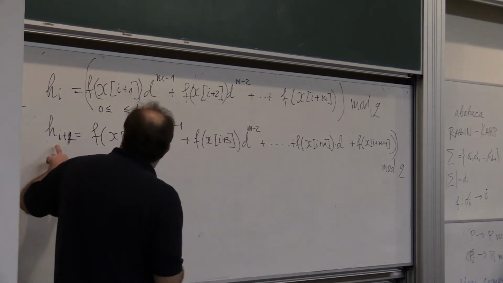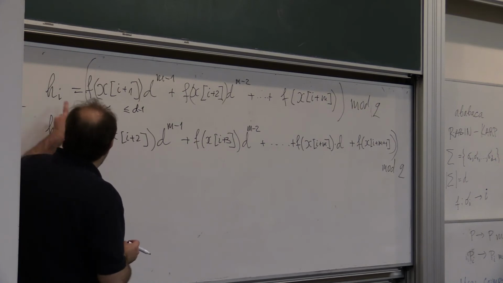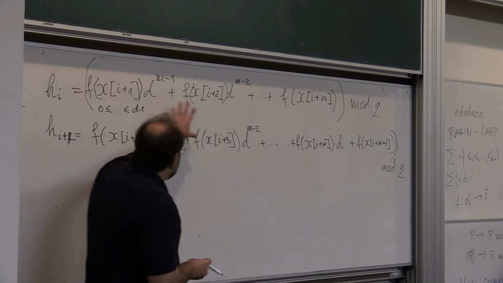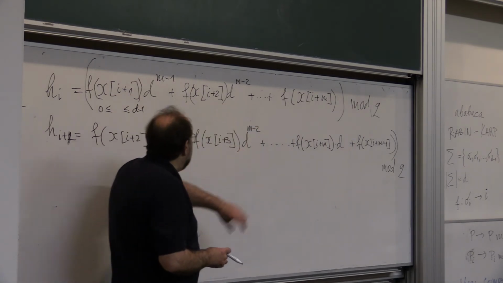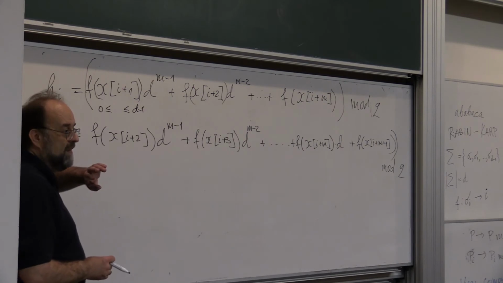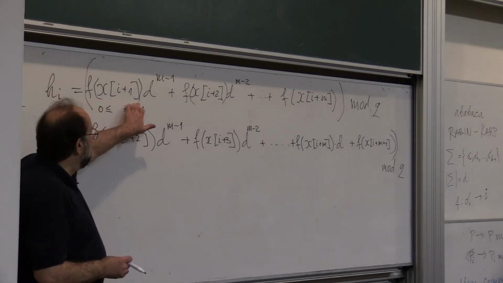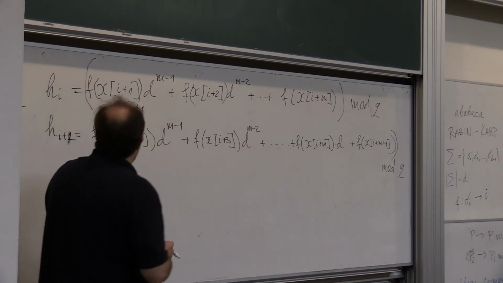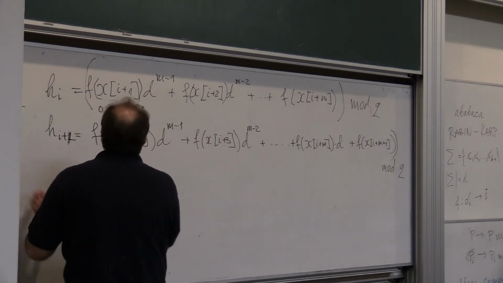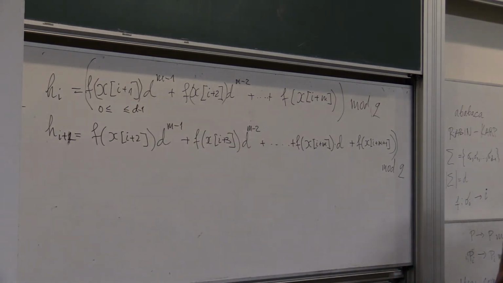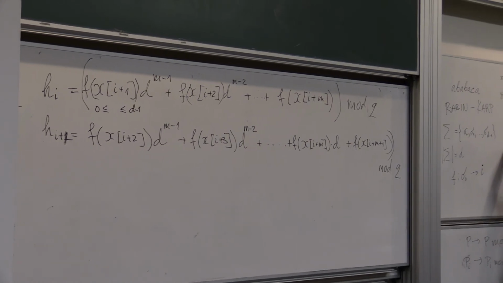How can I get h i plus 1 efficiently from h i? Somehow I have to massage this into that. What do I have to do first of all? What shall we do with this guy? Replace i plus 1. Exactly. We want to get rid of this guy. So how did I call this? P, right? I call this p i.